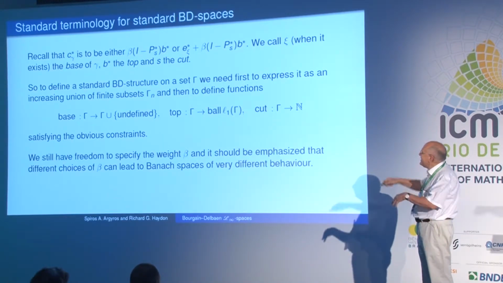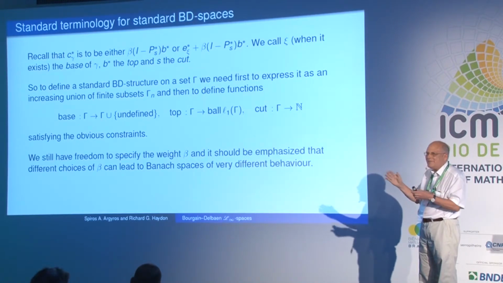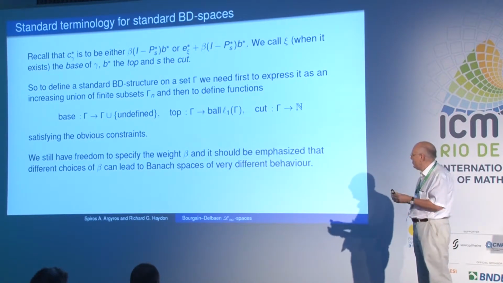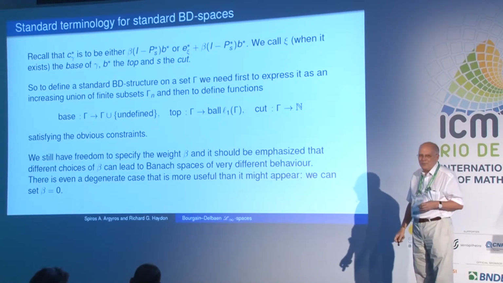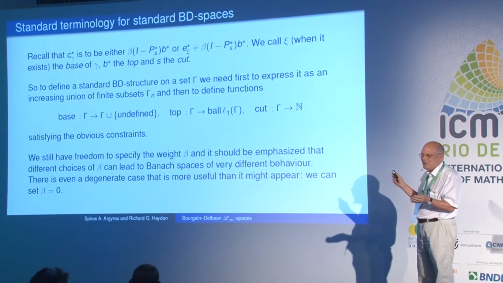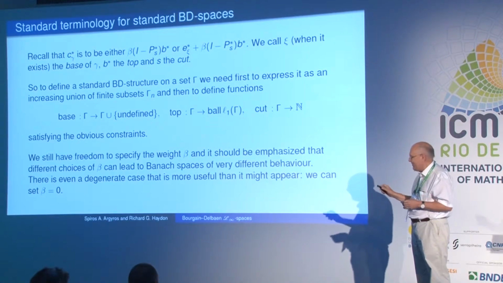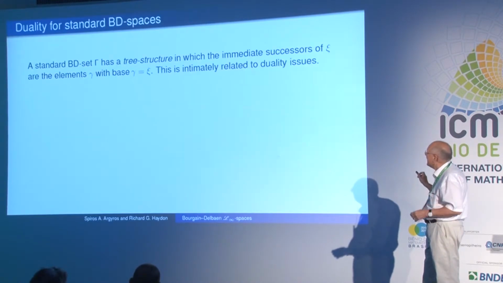And in fact, you could take the same set and the same base, top and cut and vary the beta. And this is quite an interesting thing to do. You can even push beta all the way to 0. And the scale of BD spaces that you get turns out to be interesting for some of the positive results that I'm not going to talk about.